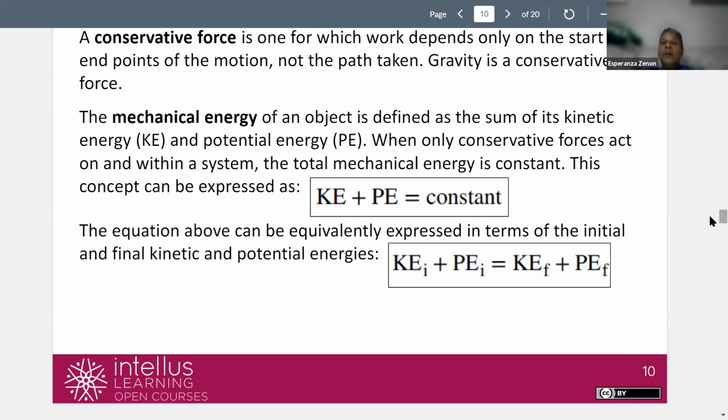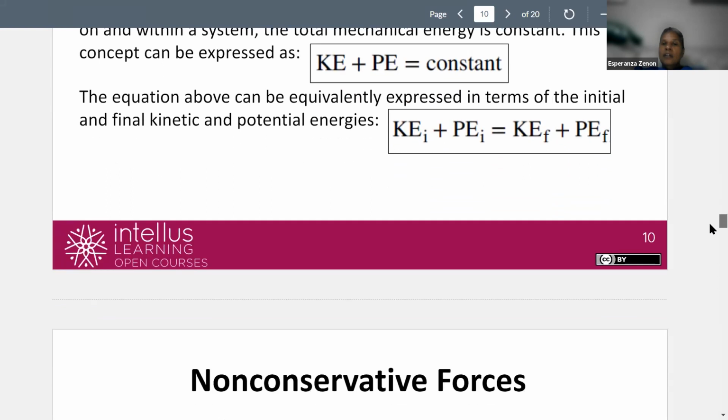Why? Because the total amount available is fixed. Why is it fixed? Because mechanical energy is conserved. Why is the mechanical energy conserved? Because you're dealing with conservative forces only, like gravity. And anytime gravity is doing work, you're going to have a conservative system.